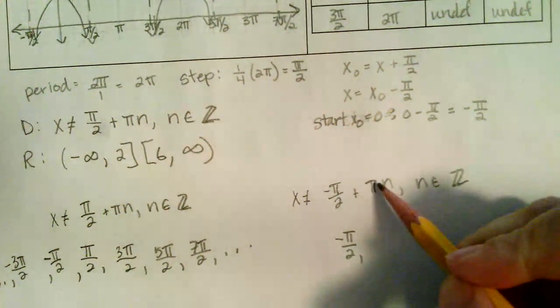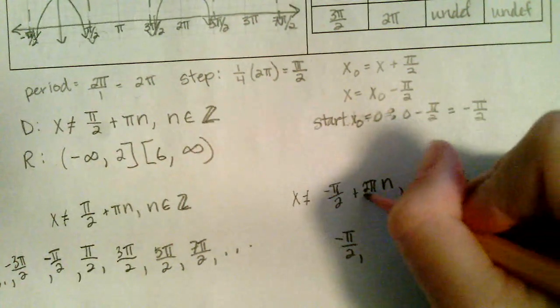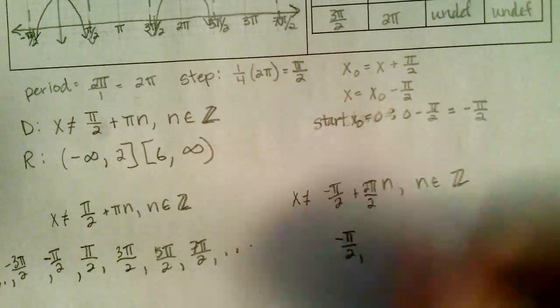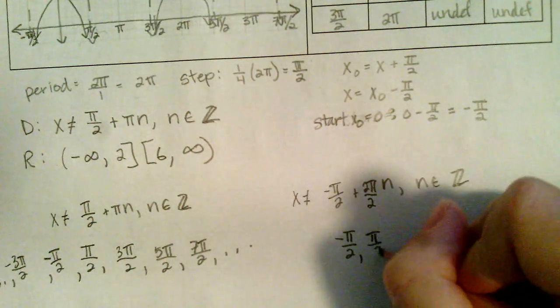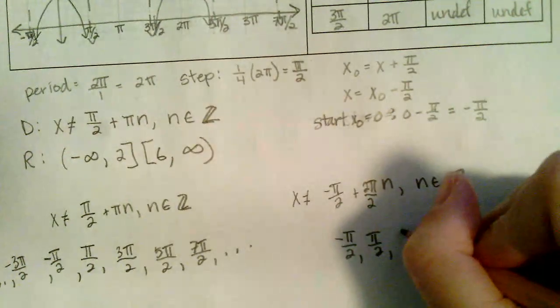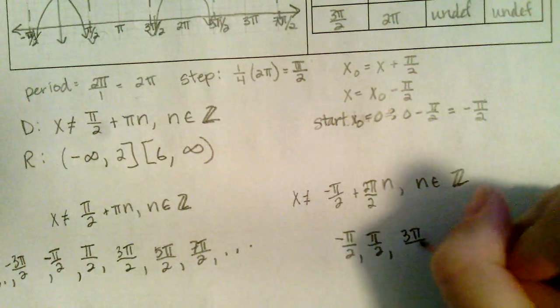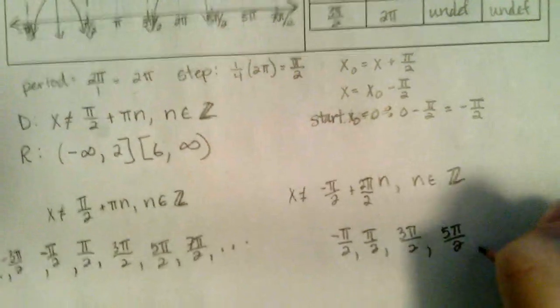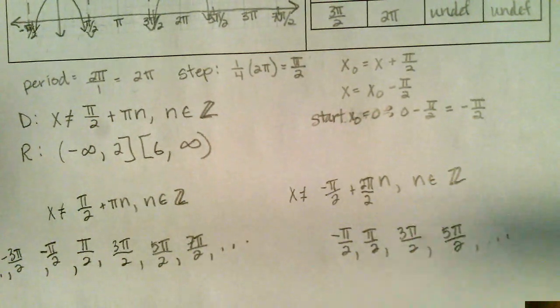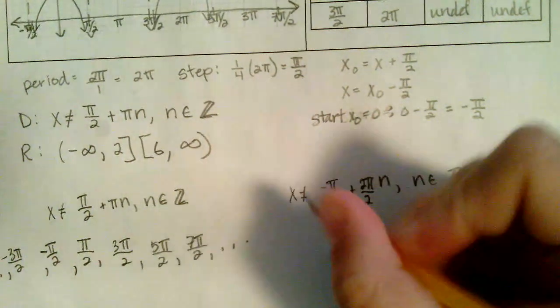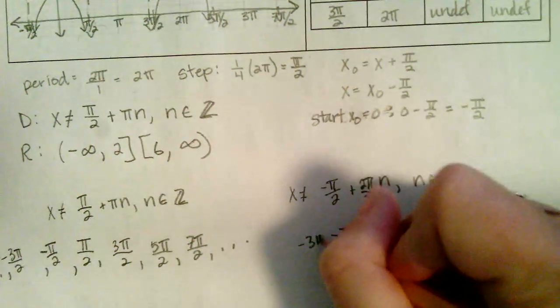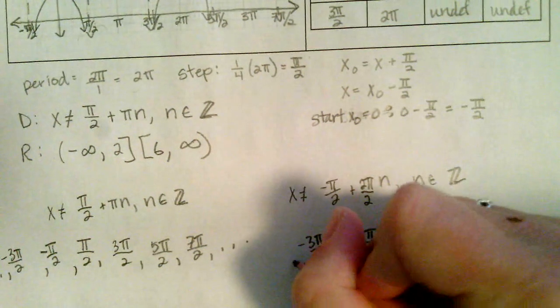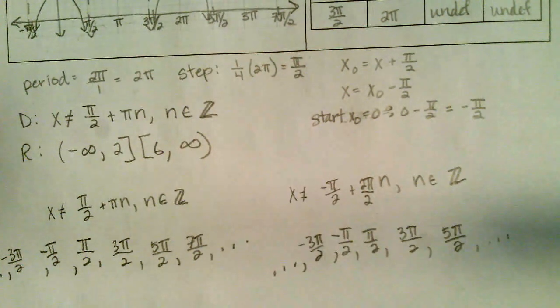Then if we add, this is the same as adding 2 pi over 2, we're going to be at pi over 2. Then we're going to be at 3 pi over 2. Then we're going to be at 5 pi over 2. And it's going to keep going like that. And if we subtracted that amount, we're going to get negative 3 pi over 2. And it's going to continue that way.